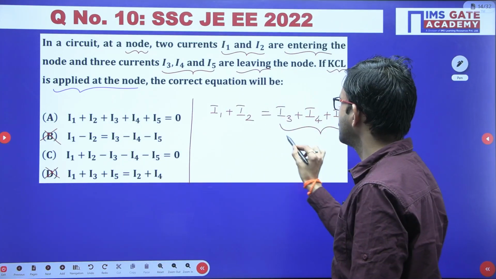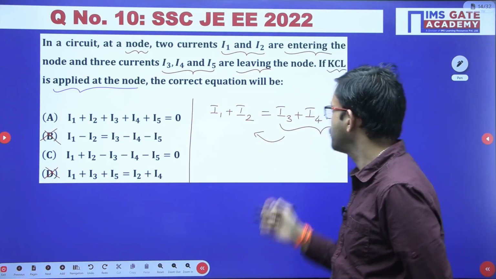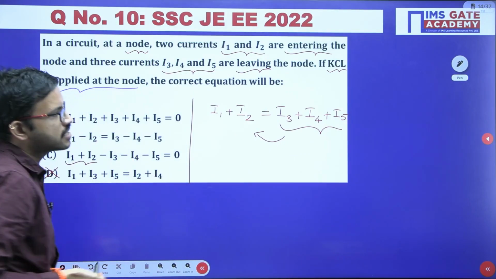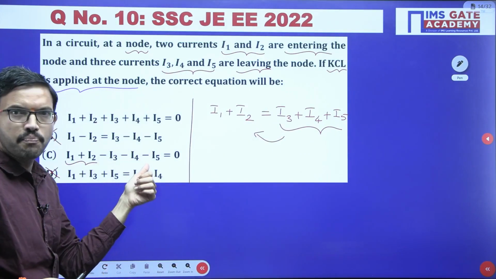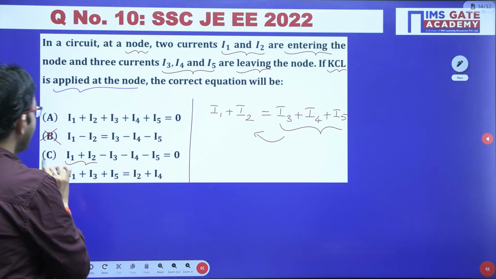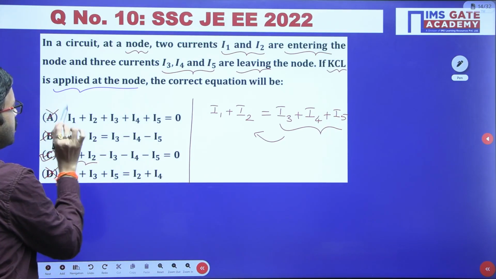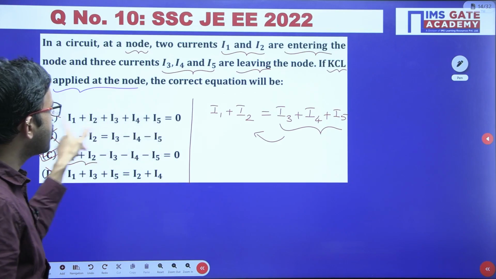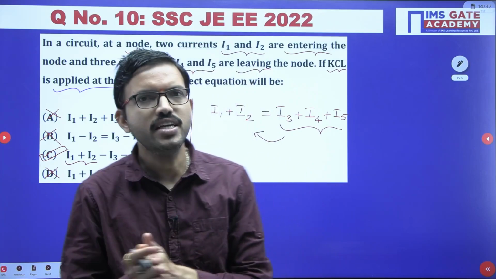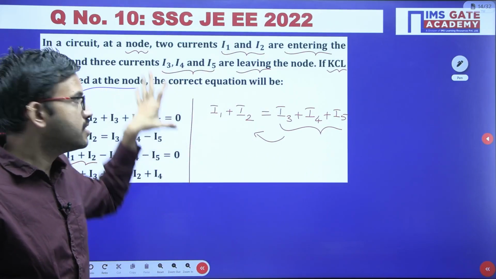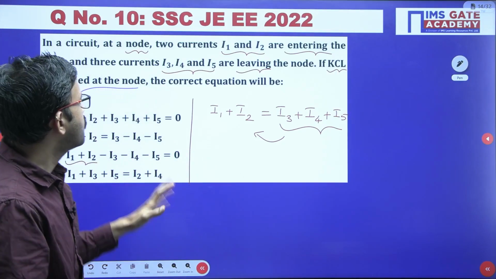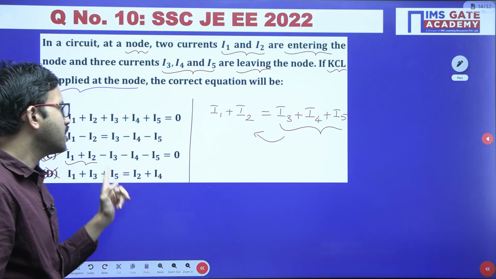If you bring these three terms to the left-hand side, they become negative. So I1 plus I2 stay as they are, these three currents become negative, and since you brought all the terms to the left, the right-hand side is simply 0. So option C is correct. Option A we can eliminate because all the currents are positive. If all the currents are entering or all are leaving, then option A would be correct. But in this question some currents are entering and some are leaving, so you rearrange like this. I hope all of you are getting the clarity.